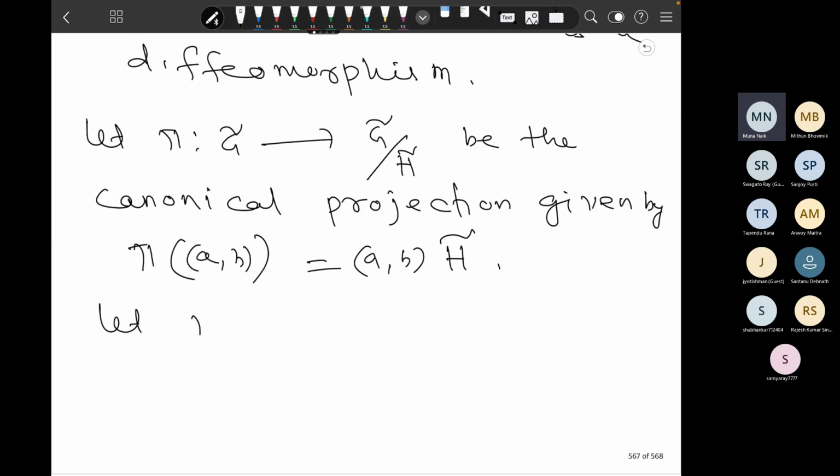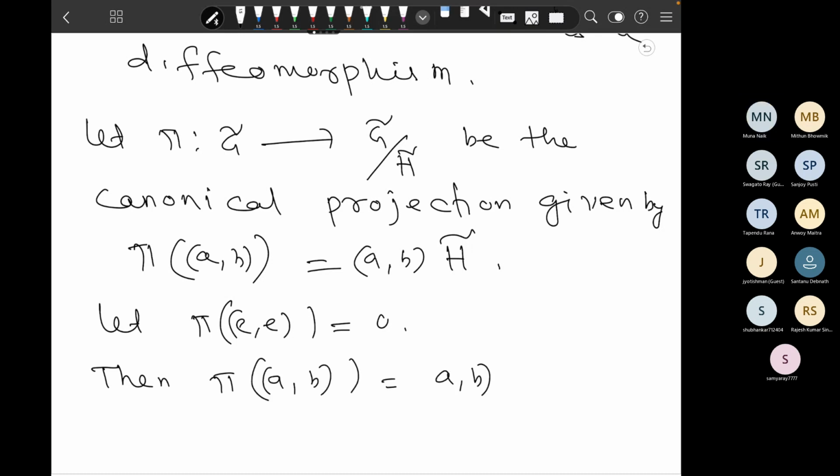So let pi of E be equal to O. Then with this notation, pi of (A, B) is really (A, B) dot O.